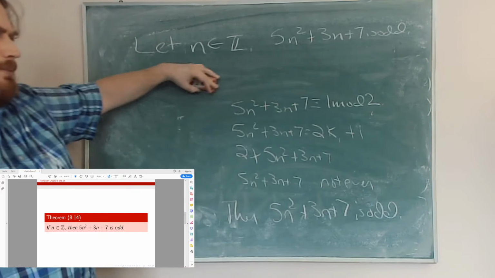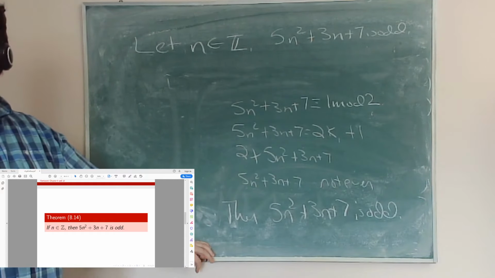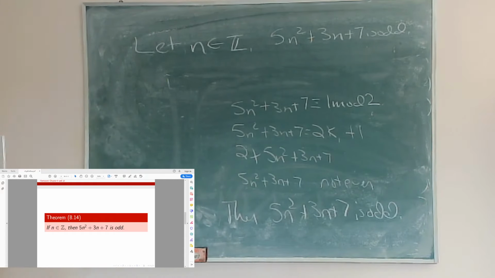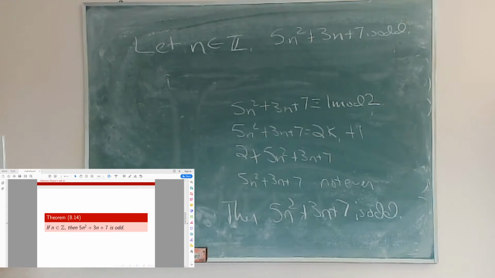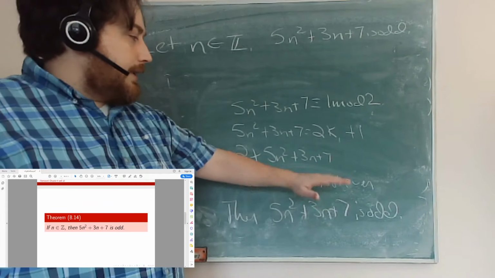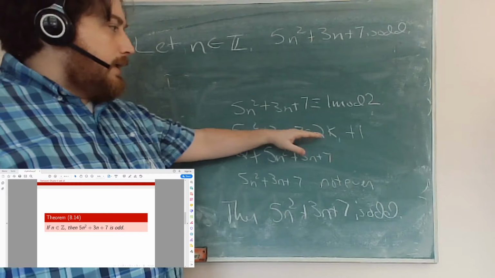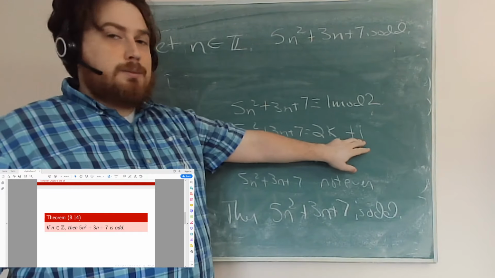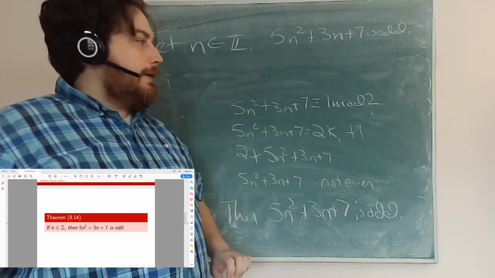Now, I haven't finished the proof. I have a lot more to fill in. But I didn't know where to start, so I just started writing down whatever I knew. I'm going to write down definitions. Saying that this is odd is equivalent to saying it's not even, is equivalent to saying that 2 does not divide it. That is, if I divide by 2 using the division algorithm, the remainder is going to be non-zero. Since it's non-zero, it has to be 1.